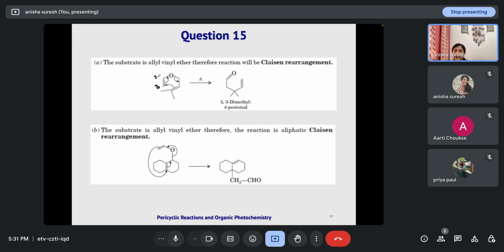So it will undergo a 3-2-1, 1-2-3 Claisen rearrangement, resulting in the formation of this as the final product. In the other case also, the substrate is allyl vinyl ether. Therefore, the reaction is aliphatic Claisen rearrangement. So here also a 3-2-1, 1-2-3 Claisen rearrangement will take place. So this whole group is getting shifted to this position. So this is the final product that is forming. Clear?